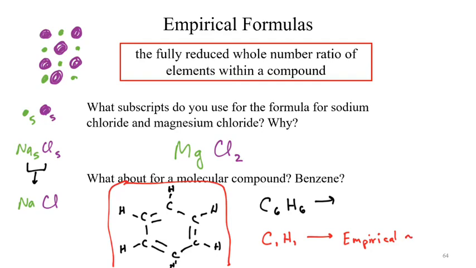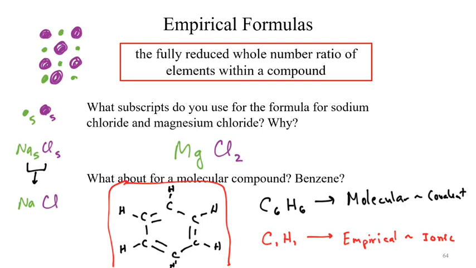This is roughly equivalent to our ionic formats. The C6H6 is our molecular format. The molecular format is unique to our covalent compounds. So we need to have some kind of understanding on how we can manipulate between these things and understand what's going on with it.